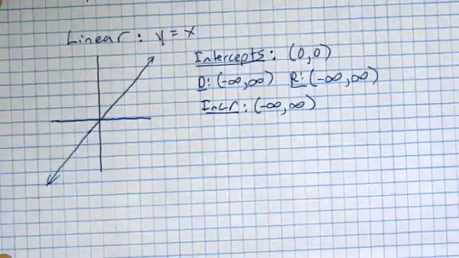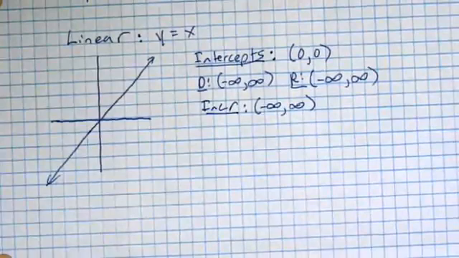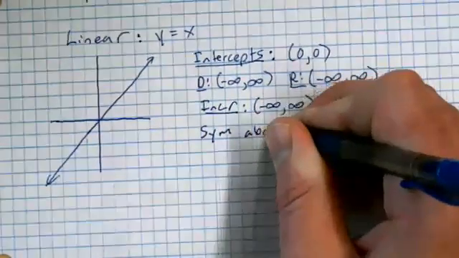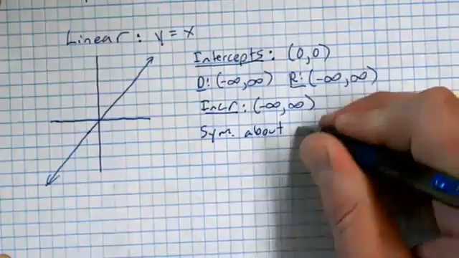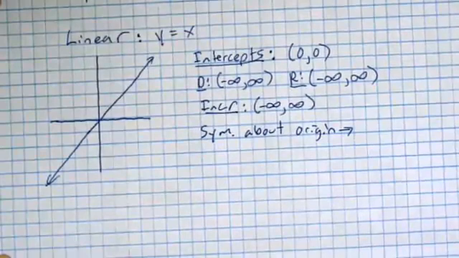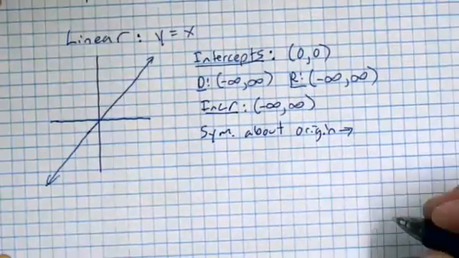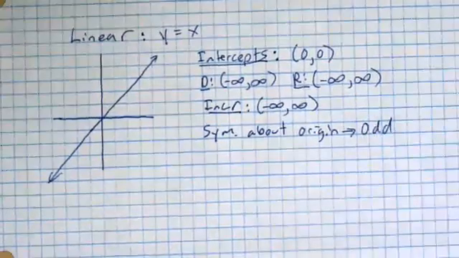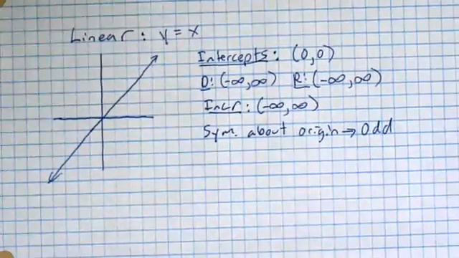Any symmetry? Yep, it's symmetric about the origin, which makes it what type of special function? Odd. Symmetric about the origin makes it an odd function.